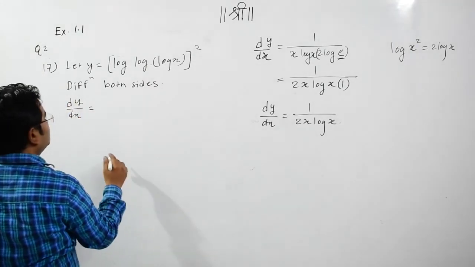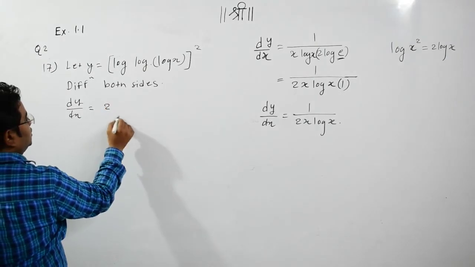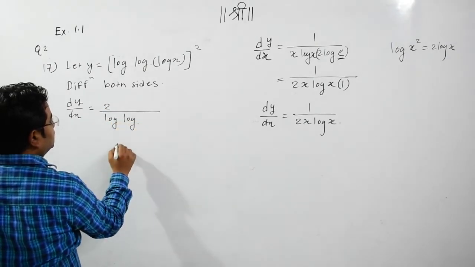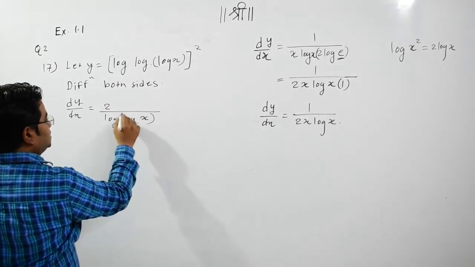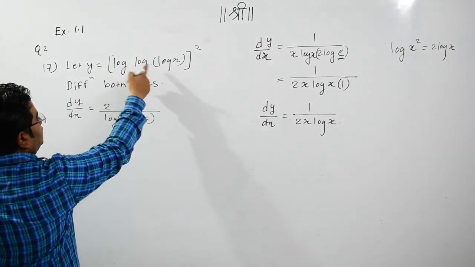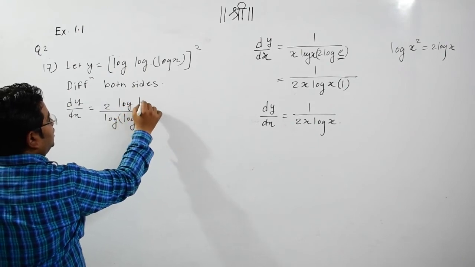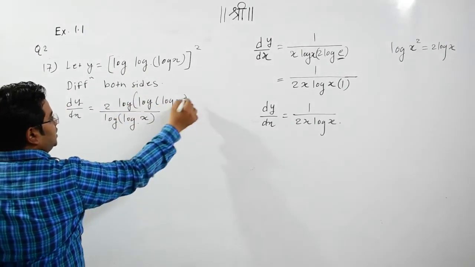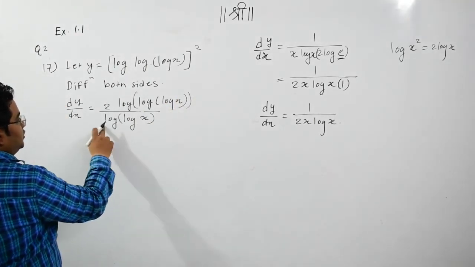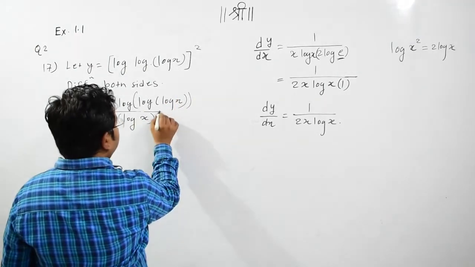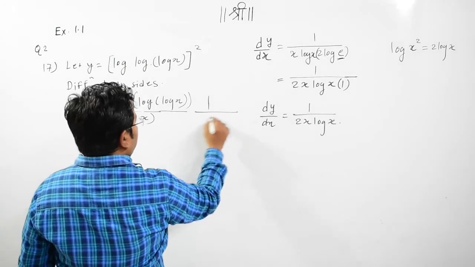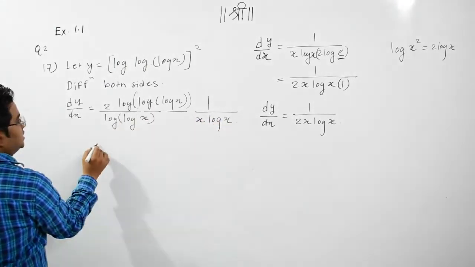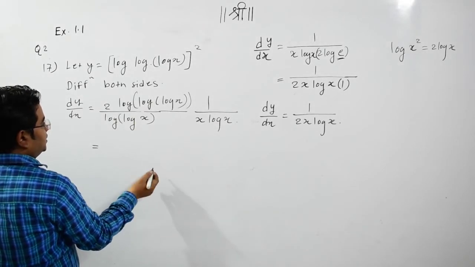Let me do one magic. So 2 upon log of x. Okay, again what is the derivative of this? Will be log of x. Okay, up to this step is good. Now what is the derivative of log x? It is nothing but 1 upon x log of x, and that should be our final answer.